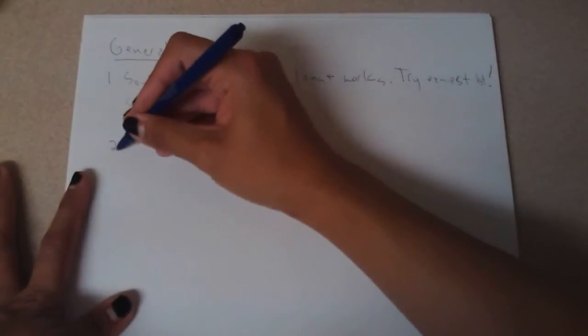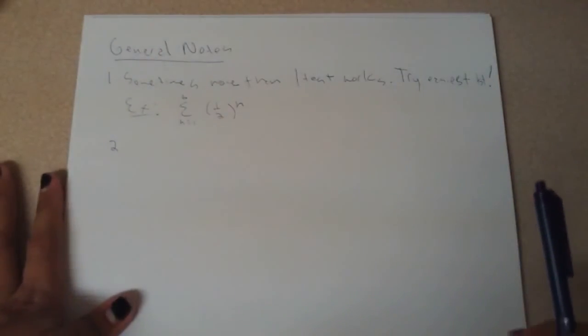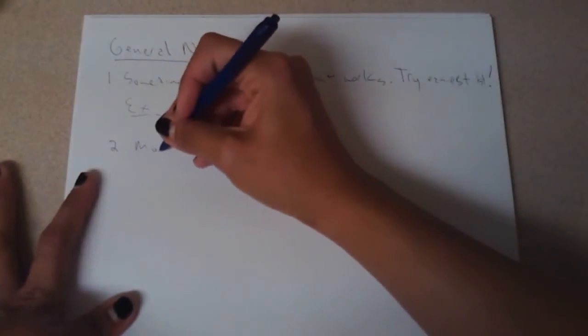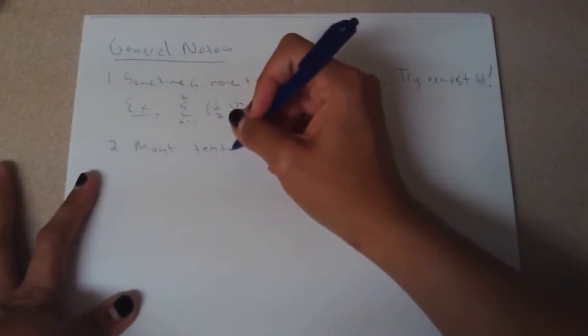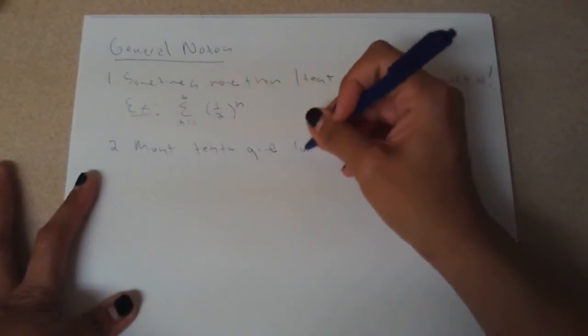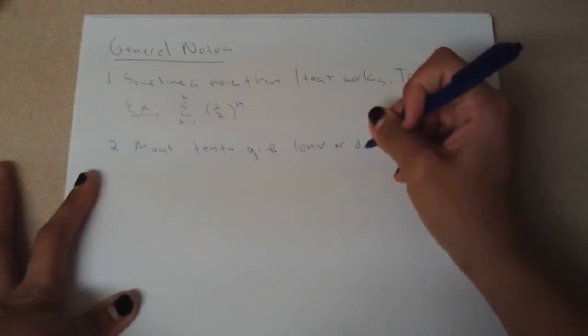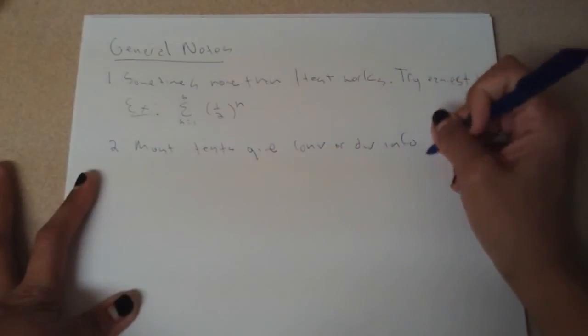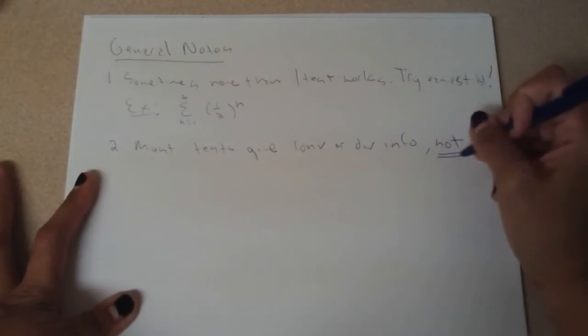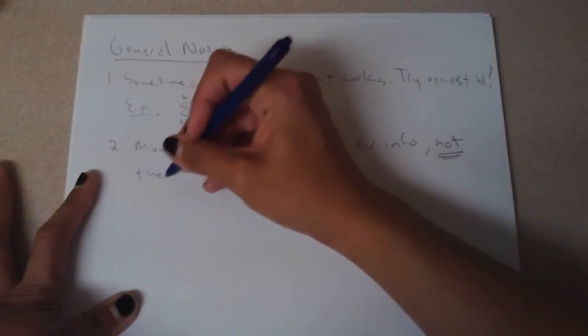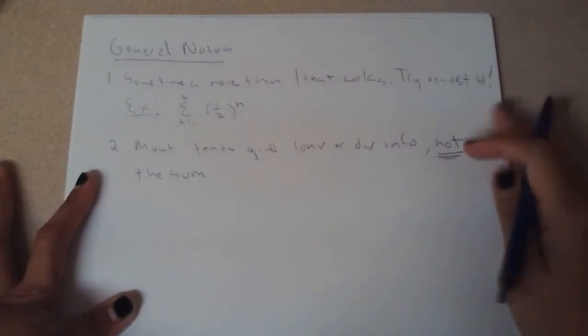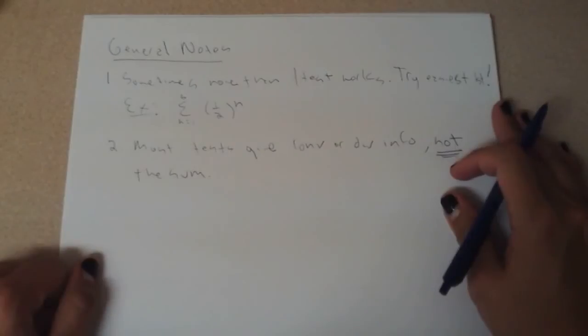Another comment that I want to make is most of my tests basically give convergence or divergence info and not what the actual sum is. Geometric series, you have a formula.